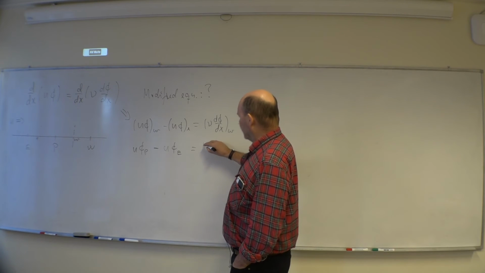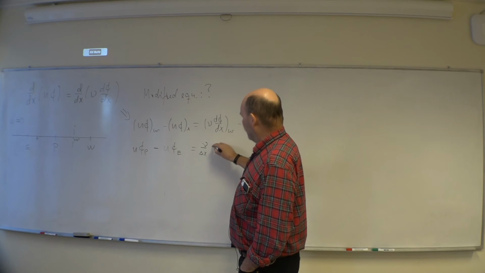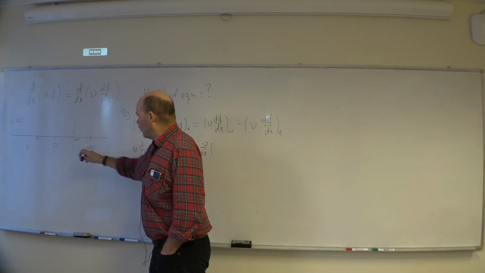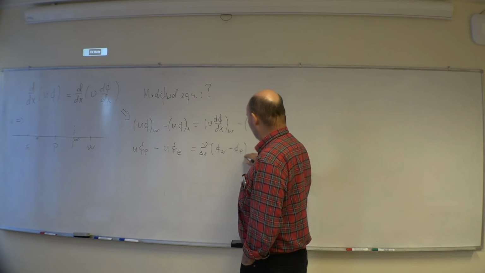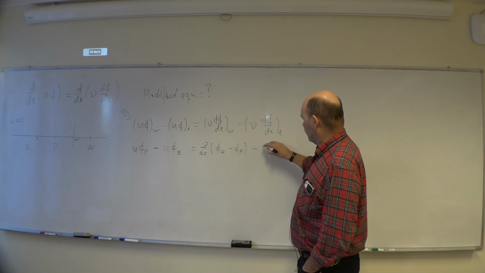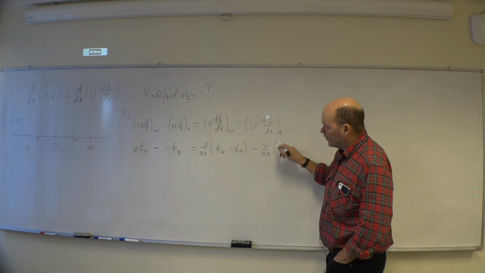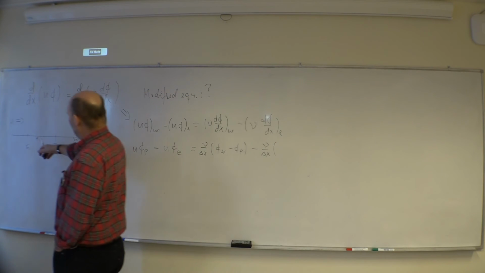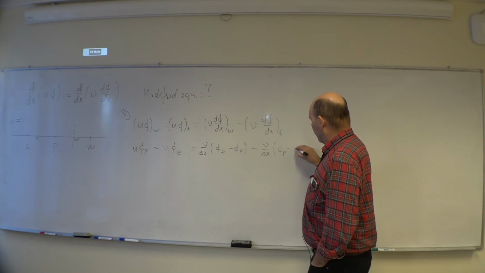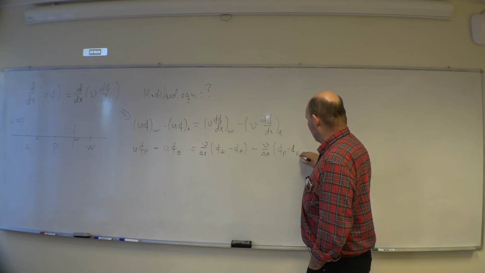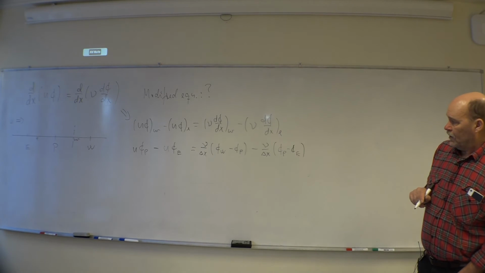You will have viscosity over delta x, and then the difference around the western point, that will now read phi west minus center point, and then here the same viscosity over delta x, and the difference on the eastern boundary will be center point minus phi east.